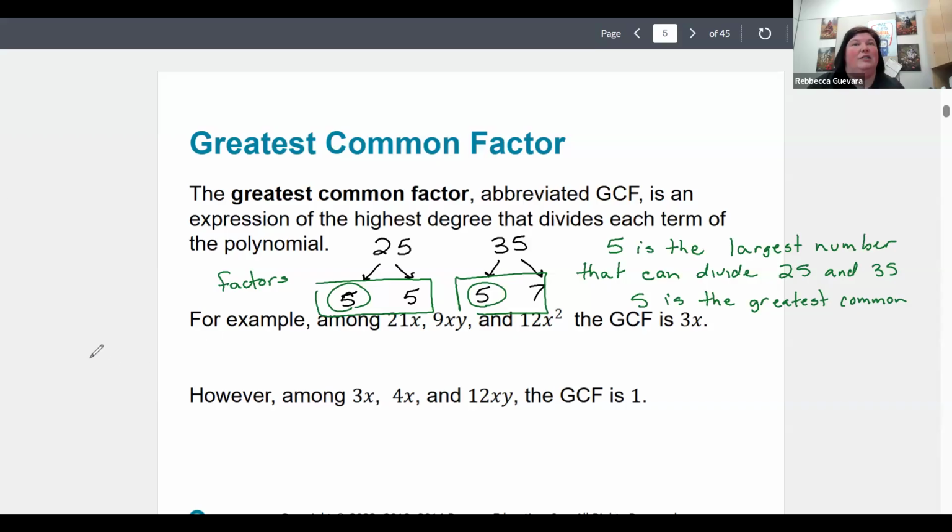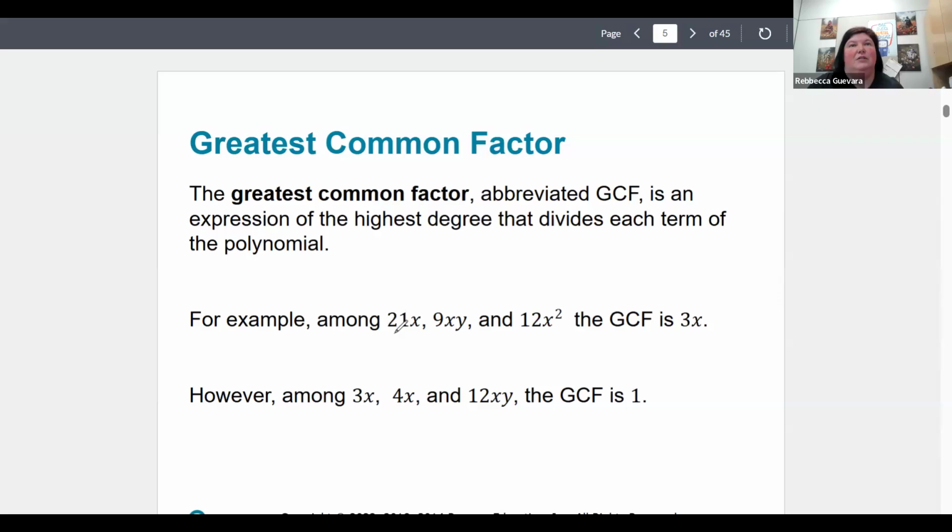For us, we're going to look at something a little more complicated. What if we had something like 21x, 9xy, and 12x squared? Well, 21x, we could break that down into 3 times 7 times x. 9xy can be broken down into 3 times 3 times x times y.